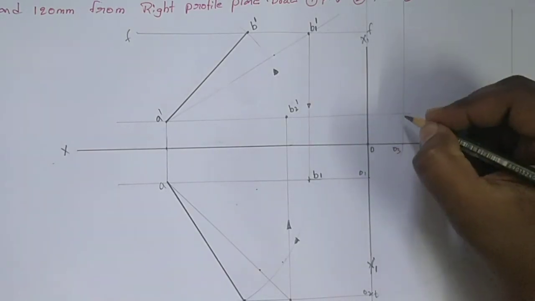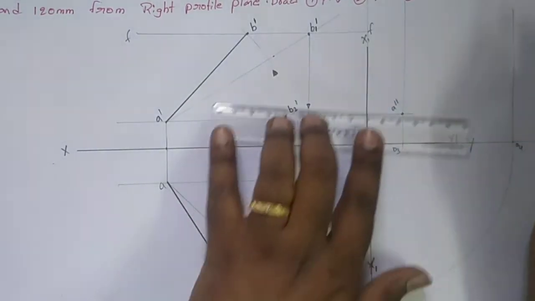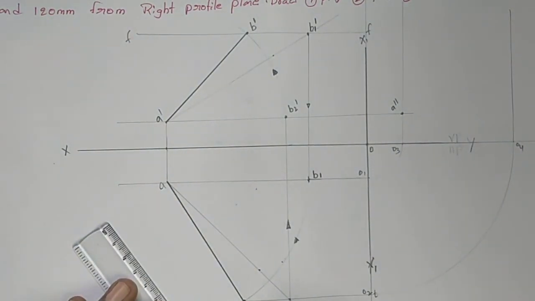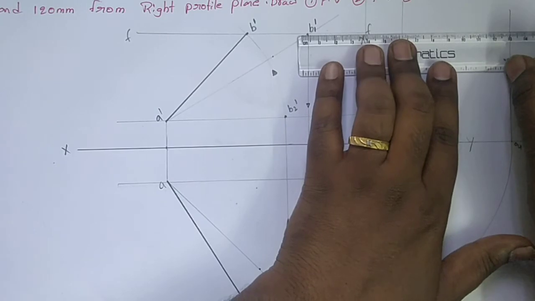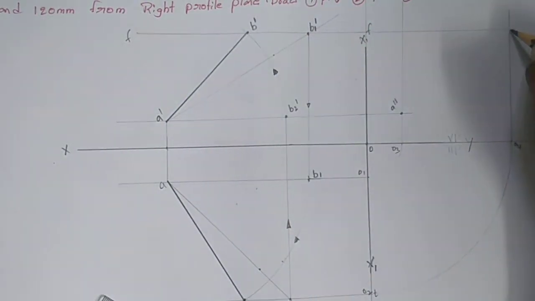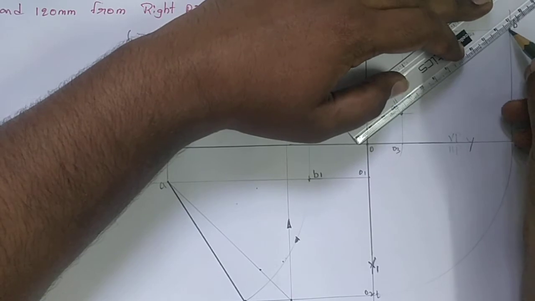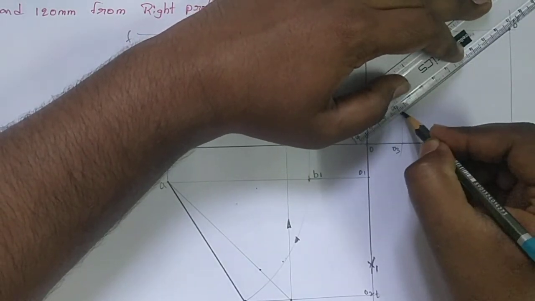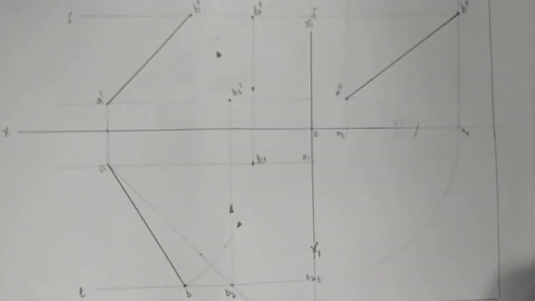It is the A double dash. Draw a line from B and extend it up to this point. These two intersect at one point. It is the B double dash. Next, join A double dash and B double dash. We got the side view of the given line.